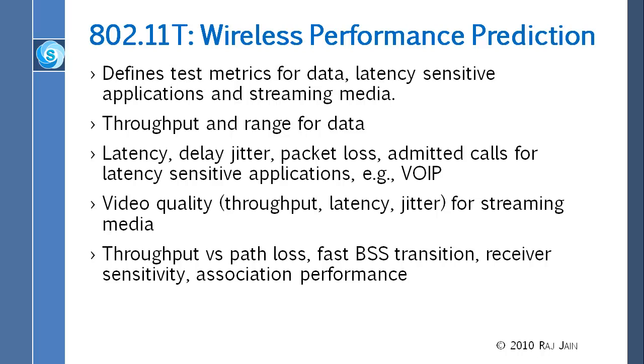So, for example, little b is an extension to 11, and once the 11b is done, that whole document will be merged into 11, and the new 11 document will come out. So there is no standard finally at the end called 11b, because 11b is an enhancement to 11 and it gets merged into 11, right?